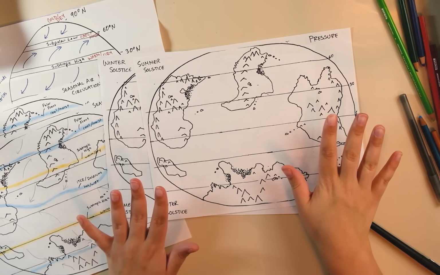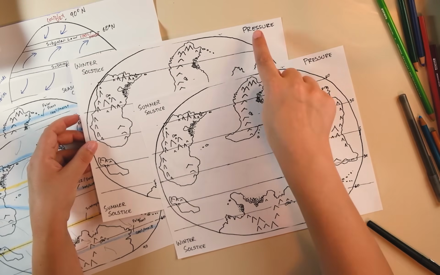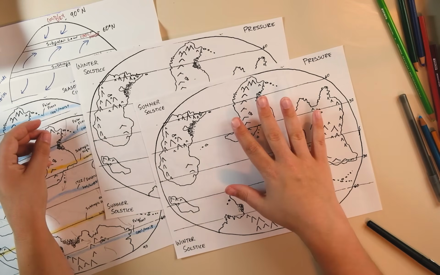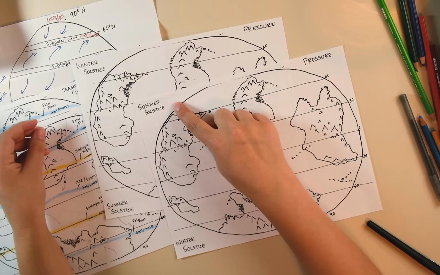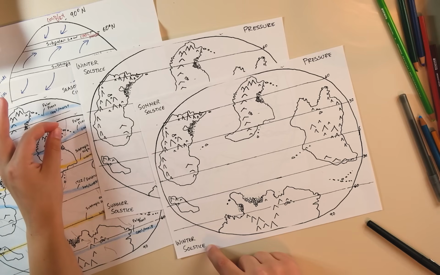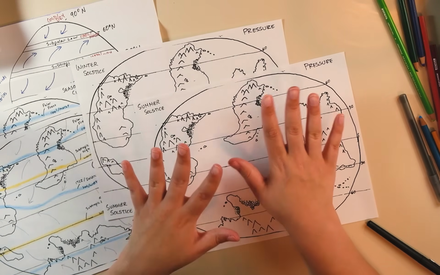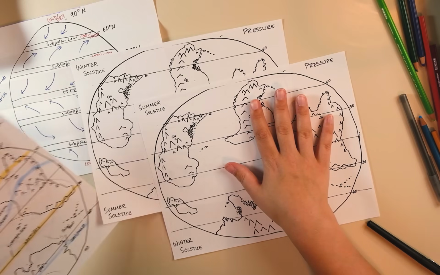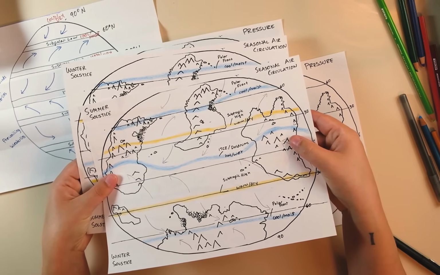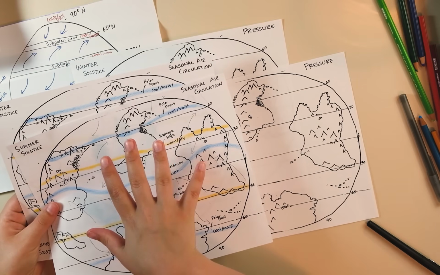Okay, so to prep your maps for pressure, you're basically going to do the same thing as before: write pressure in the upper right, and then on one map you're going to have summer solstice in the northern hemisphere and winter solstice in the southern hemisphere, and then the opposite for the other map. These maps are going to mostly be based off of our seasonal air circulation map, so again the pressure is going to be seasonal because it's based off seasonal effects.